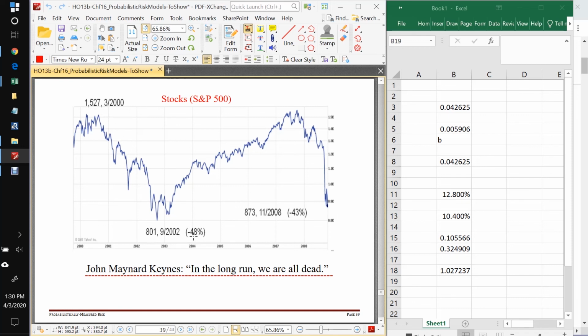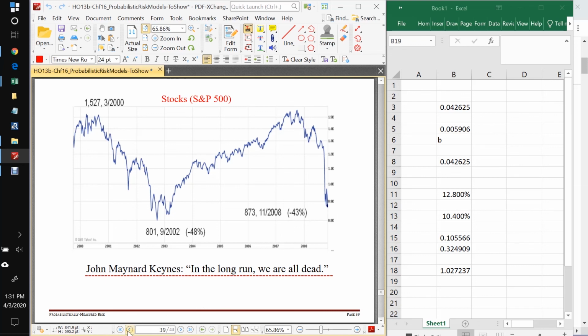That's a minus 48% return. And now guess what? It's time for your kid to go to college and you literally can't afford it. Same thing happened here around the dot-com boom, and then the same thing happened around here with the Great Recession. If you start up here, you go down to 873, and you have a minus 43% return.